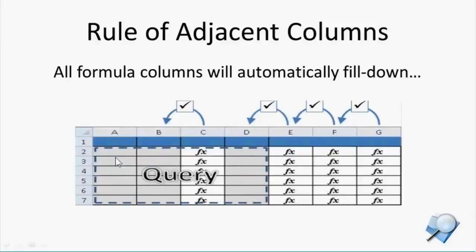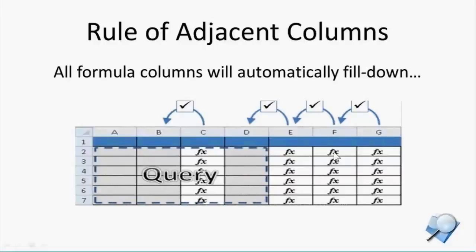So let's say in this case, the gray columns in the query range are coming from the query. I inserted smack dab in the middle of that a formula, which is fine, because the column to the left of it is in the query. So that formula copies down, no problem. I have some other columns off to the right of the query, and those formulas also copy down because for this one, the column to the left is the query.